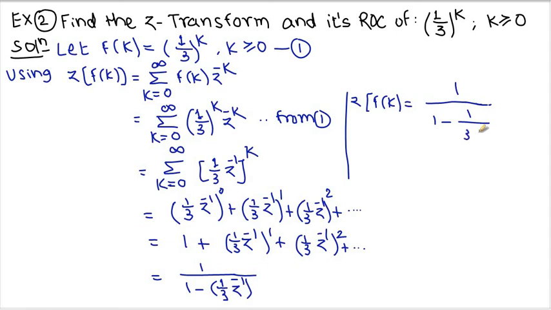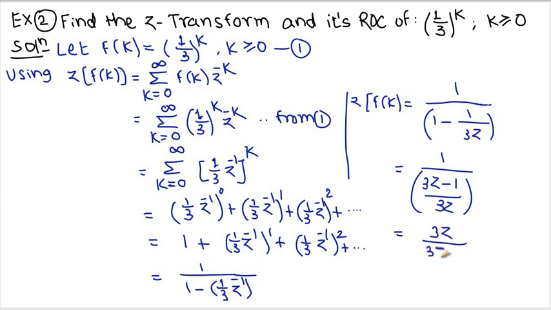It is 3 into z, because 3 is also in the denominator, it gets multiplied to that z. Now taking cross multiplication, 3z into 1 is 3z, minus 1 as it is, the denominator will be as it is. This is equal to, 3z is transferred to the numerator now, 3z into 1 becomes 3z divided by 3z minus 1, right?